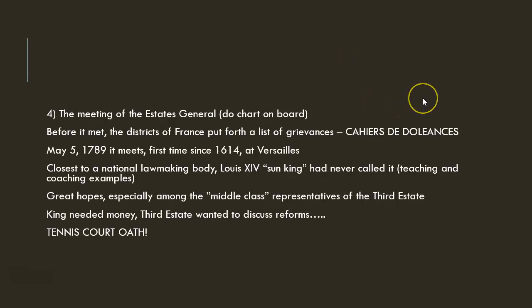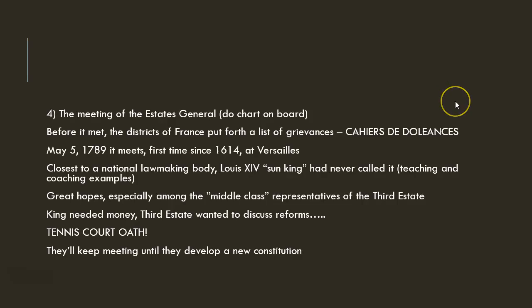I've got it in capital letters on purpose. And what they decide there is they will keep meeting until they develop a new constitution. So they just decide, you know what? Heck with those other two estates. We're the majority of the country. We will start our own government. The Americans did it. Why can't we? And they changed their name to the National Assembly.